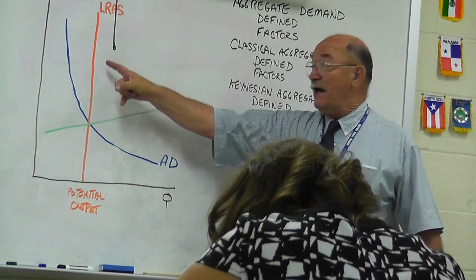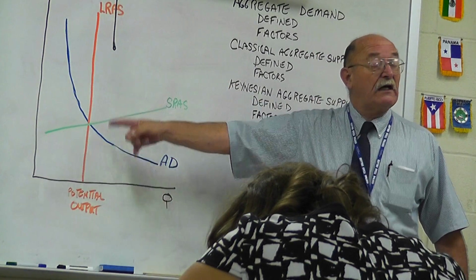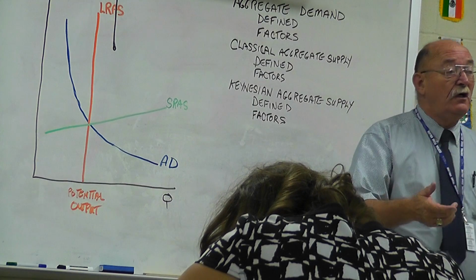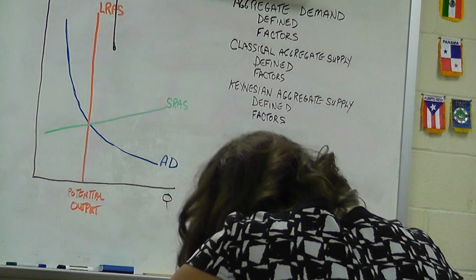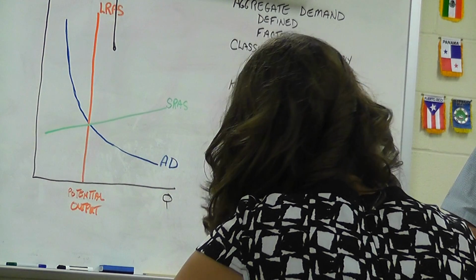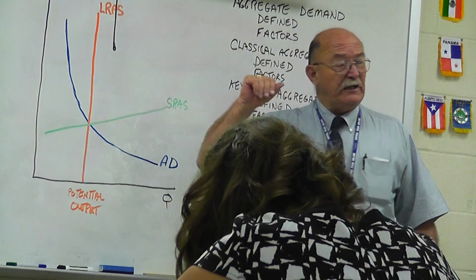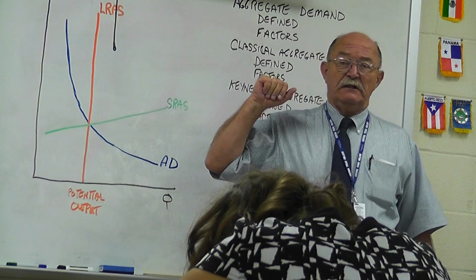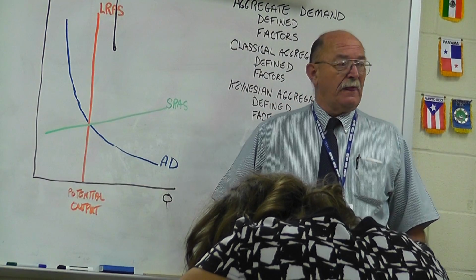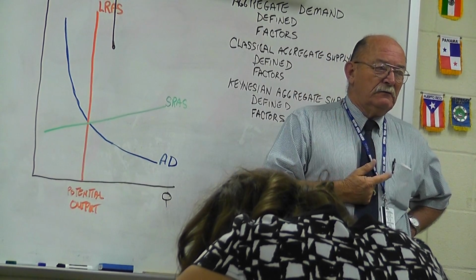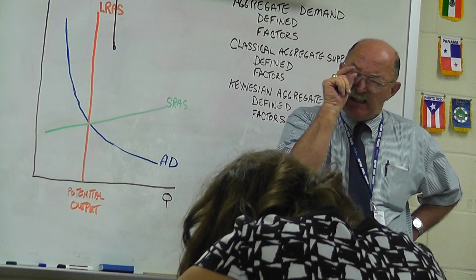If you increase the workforce, that curve's going to shift to the right. And every June and January, it shifts just a little bit to the right.